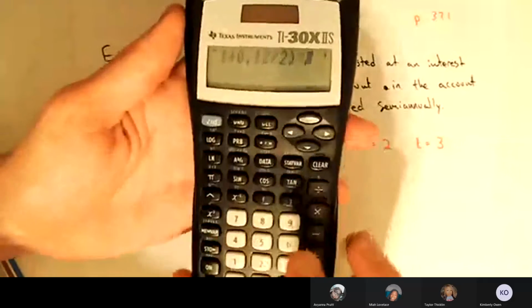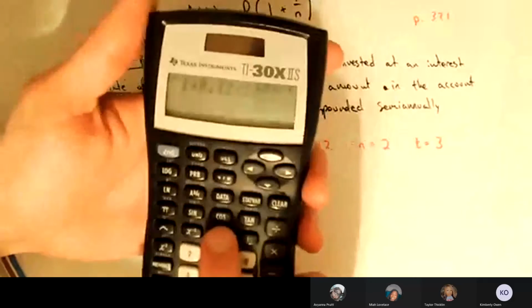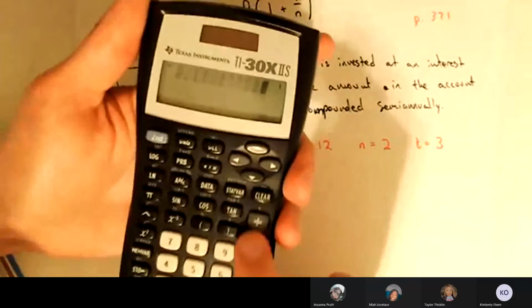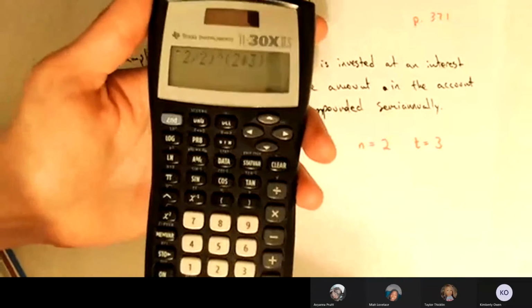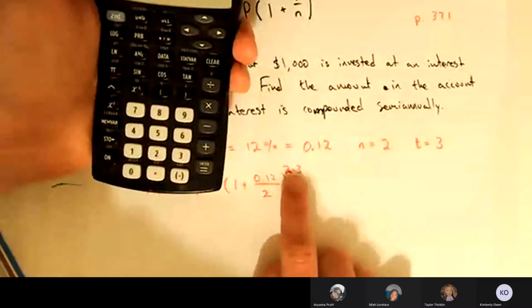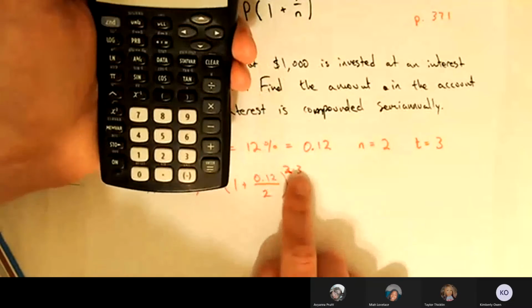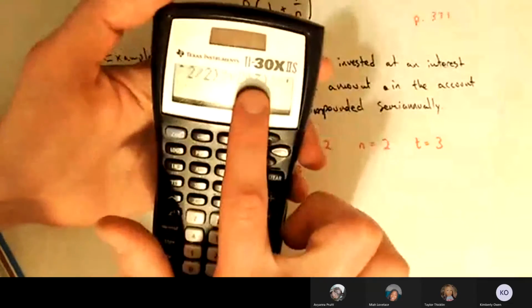So that's this part. And then raised to, now got to wrap this exponent in parentheses, 2 times 3, and then close that. Or you could just say raised to 6, right? If you know what this little n times t part is, like if it's just 2 times 3, then you could just say raised to the 6.